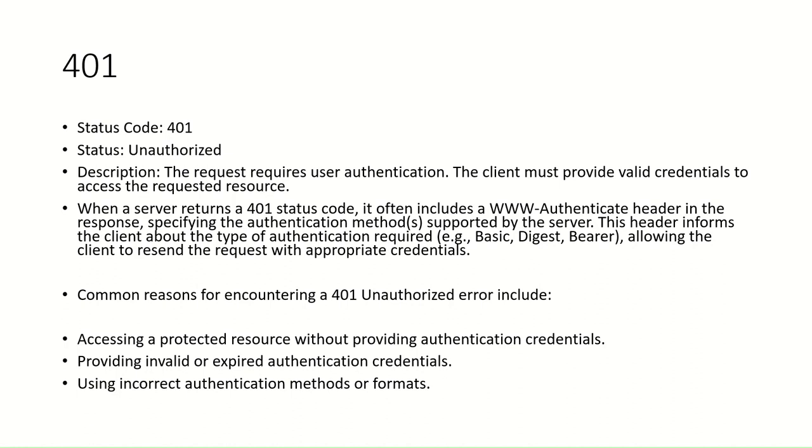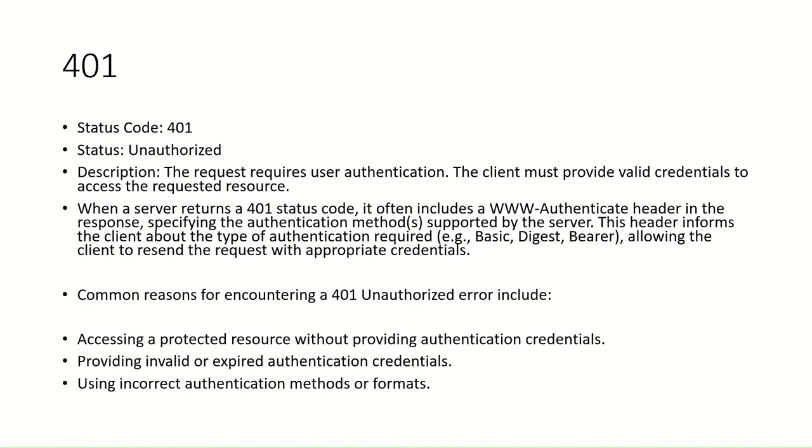So let's say you have created one API and the client has to provide a valid user ID, password, or token in order to access that API. But the client is not providing the valid user ID, password or token. Then in that case, the client will get 401, which is an unauthorized error.